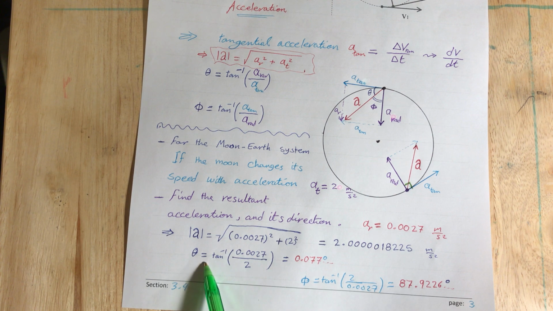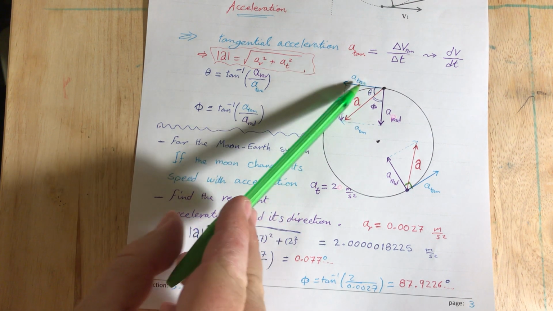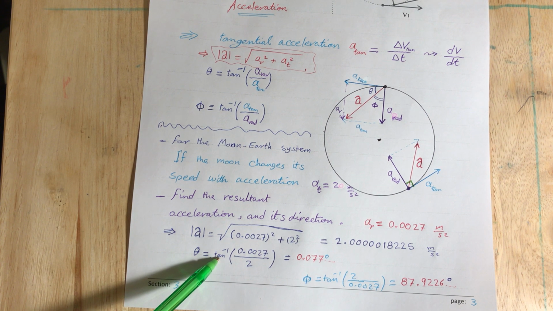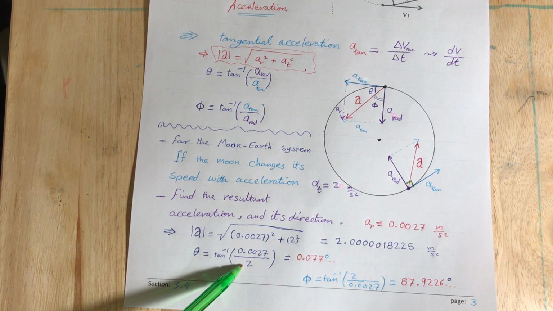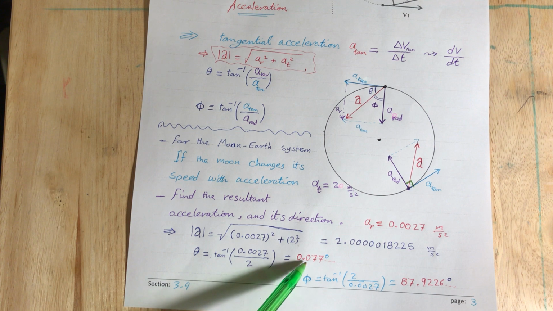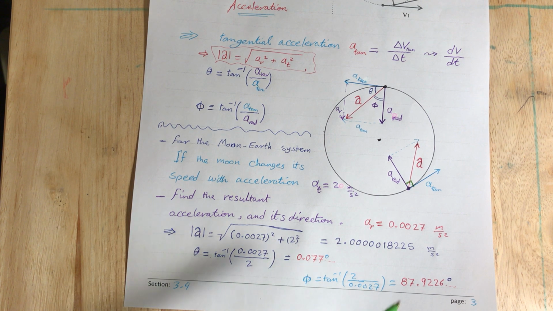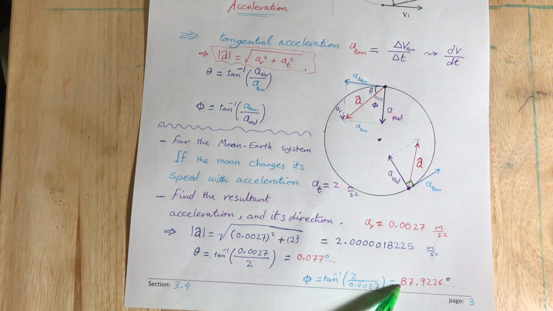What is theta? This is theta. It is tan inverse of A radial over A tangential, which is equal to 0.077 degrees. If we need to find phi, it is the rest angle, which is 89.